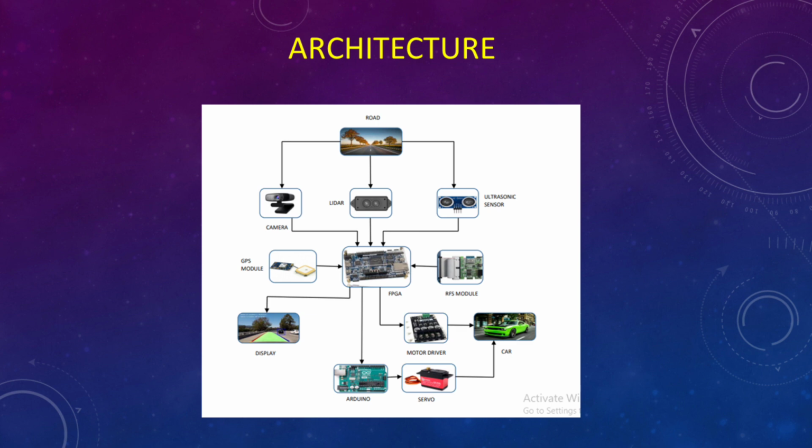GPS module and cloud send the data to the FPGA for destination arrival purpose. The FPGA, which is a processing block, processes all the inputs and sends the output to the Arduino and motor driver for steering and thrusting control of the car. And the FPGA also sends the output to the display.